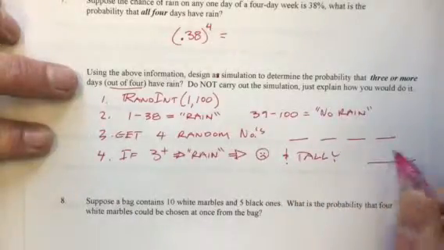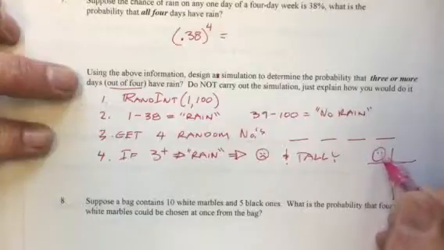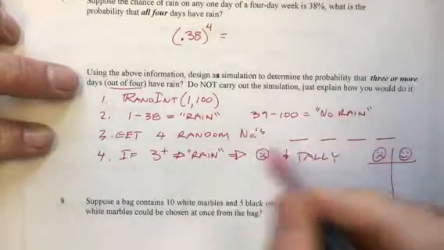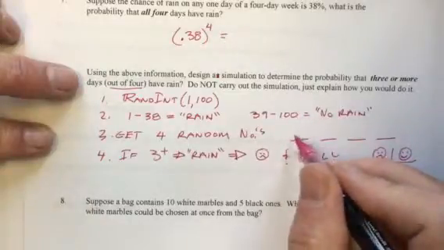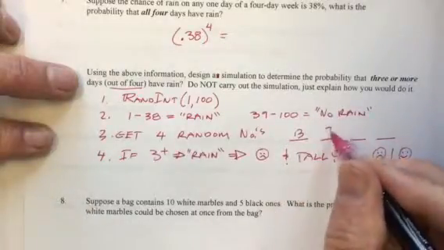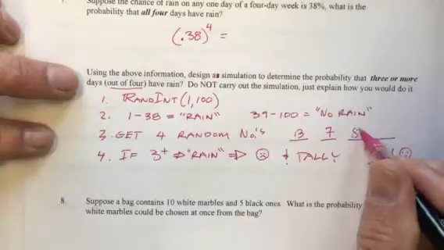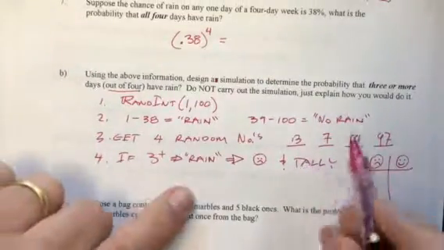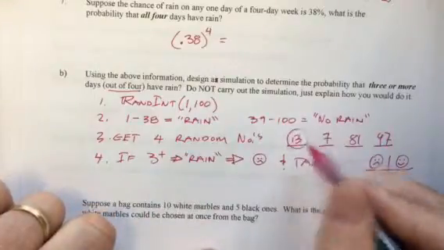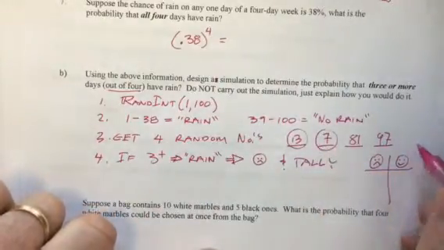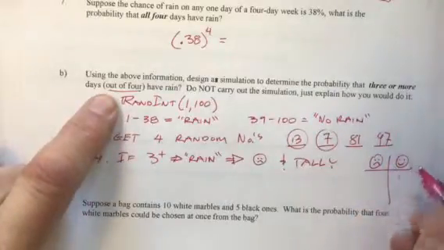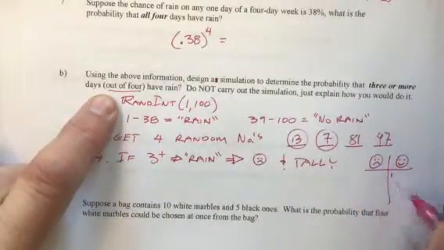So you can just show me how you're doing this. Again, I'm going kind of more quickly. You can flesh in this. But suppose I had 13, and then I had 7, and then I had 81 and 97. What would that mean? That would mean that these are rainy days, and that is 2 minus. I need to have 3 or more days have rain, so that's a check mark right there.